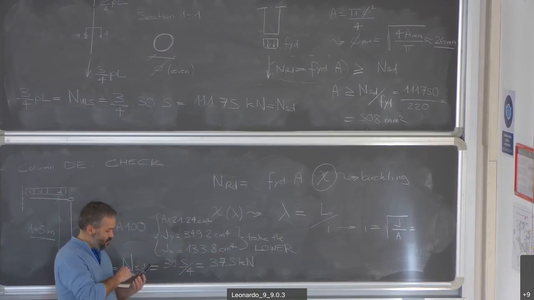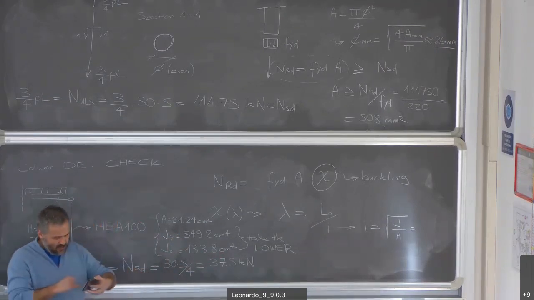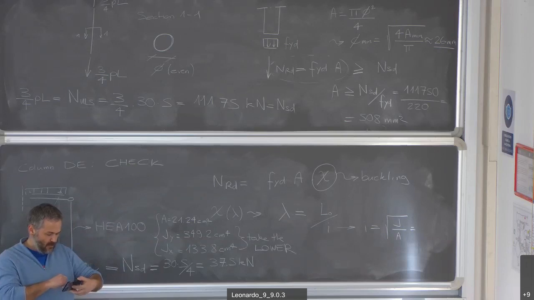So it's 133.8 divided by 21.24, which is 6.3, but I have to take the square root, 2.51.